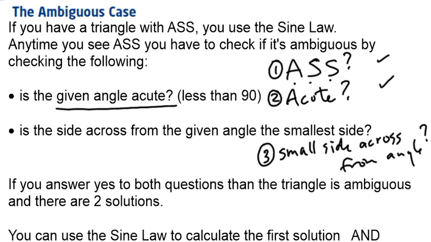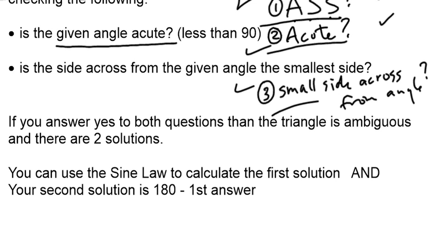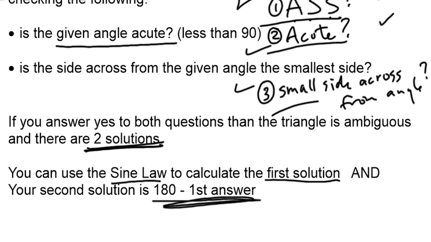If all three of those are yes, yes, yes, angle side side, acute angle given, and the smallest side is across from the acute angle, then yes, you have an ambiguous case, and there will be two solutions. You can use the sine law to calculate the first, and then 180 minus your first one will give that angle in the second situation.